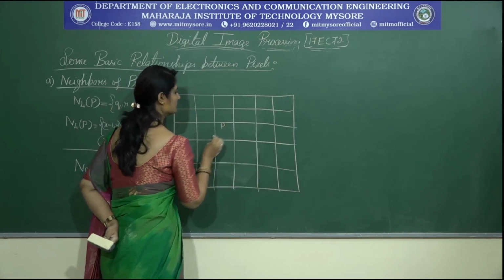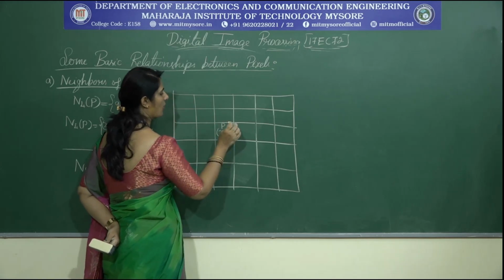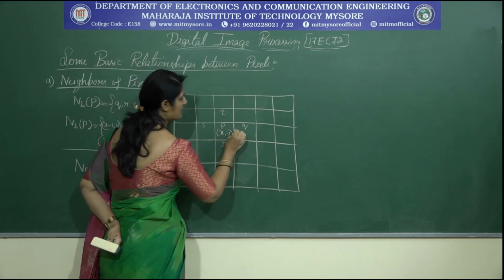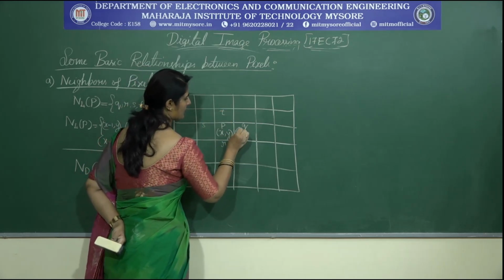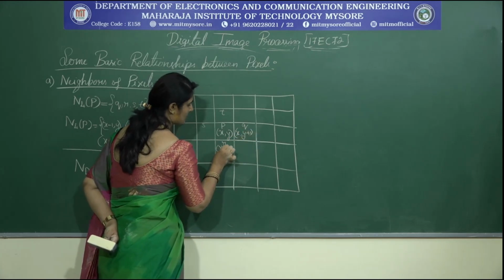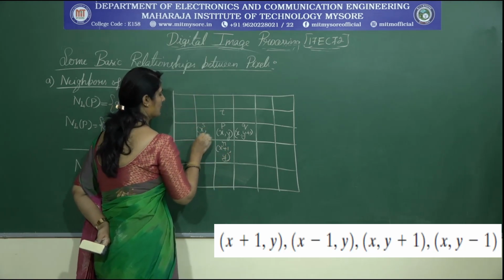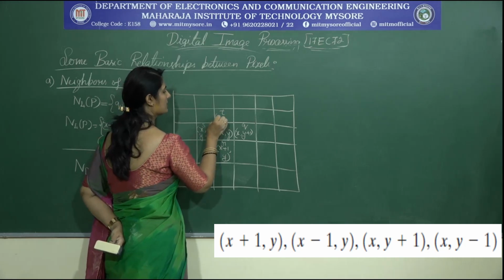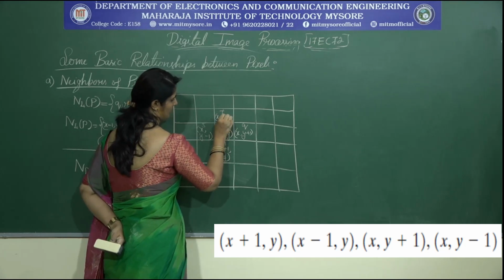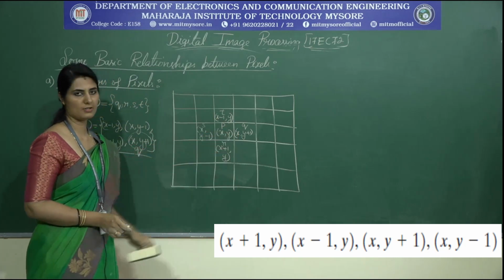If this is P, its coordinates are x and y, and its 4 neighbors are Q, R, S, T with values x comma y plus 1, x plus 1 comma y, x comma y minus 1, and x minus 1 comma y.